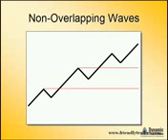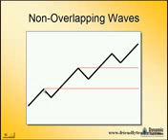Non-overlapping wave patterns, characteristic of trends. Let me show you what I mean by non-overlapping waves. We have 4 rallies and 3 declines. The rallies represent trends and the declines represent corrections.